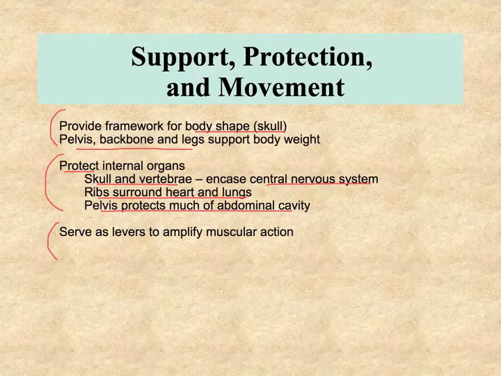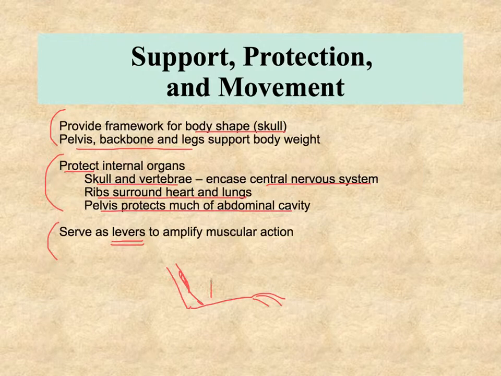And then the bones work in conjunction with the muscles to be levers that amplify muscular action. There are 3 different classes of levers, and we have all 3 types in the human body. But the most common one is the 3rd class of lever, like we have with the biceps. So if we have just a little arm drawn here, and there's a hand sticking out, your biceps muscle will attach not at the elbow but just past the elbow on the forearm.